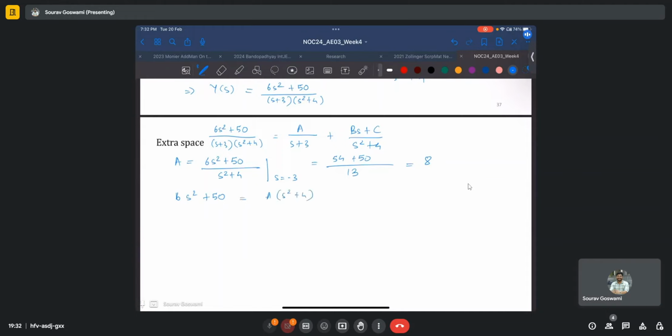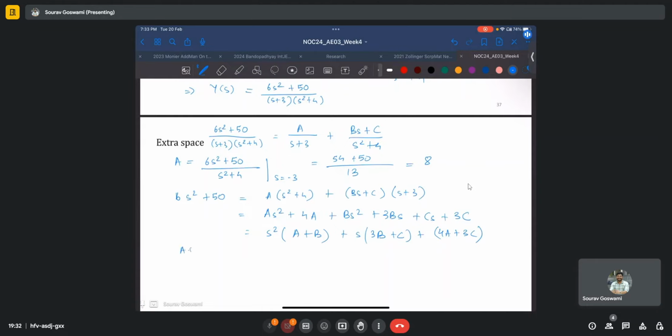A times s square plus 4 plus Bs plus C times s plus 3 is 4A plus Bs square plus 3Bs plus Cs plus 3C, which is equal to s square times A plus B plus s times 3B plus C plus 4A plus 3C.